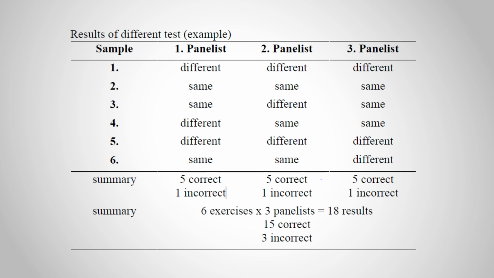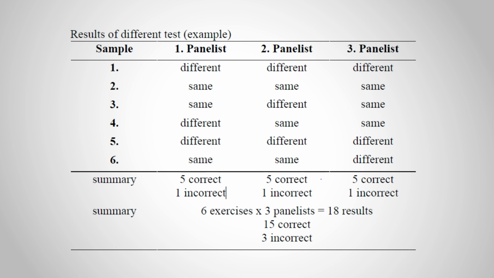This is the summary of results, because the one who is testing is aware whether there is a difference or the products are the same. In the response of the panelists, say the first panelist had 5 correct, 1 incorrect, and in total there were 3 incorrect and 15 correct. Now, what to consider here? For 15 correct, the product has been marked as different 15 times, and 3 times it has been indicated as the same. So what to consider out of it?